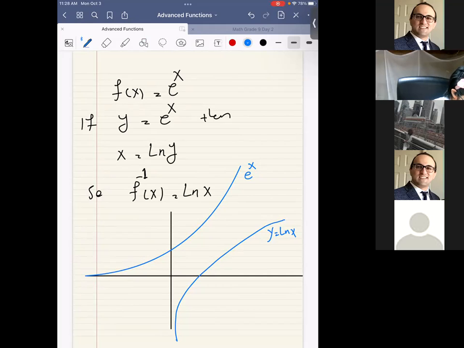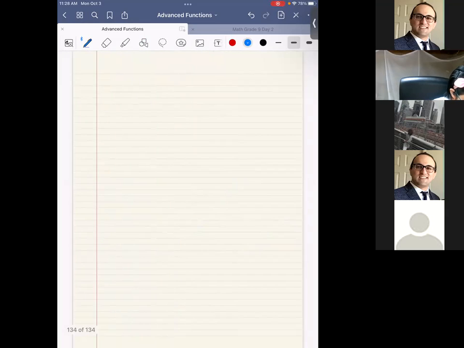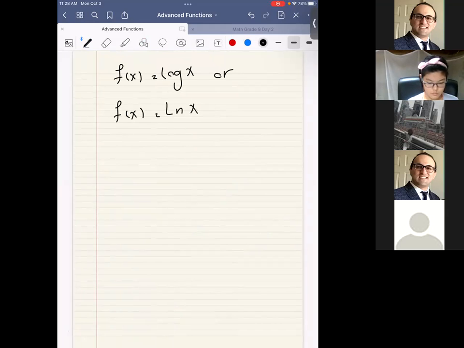If you have f of x equal to log x, or f of x equal to ln of x, the domain of f is just positive numbers.